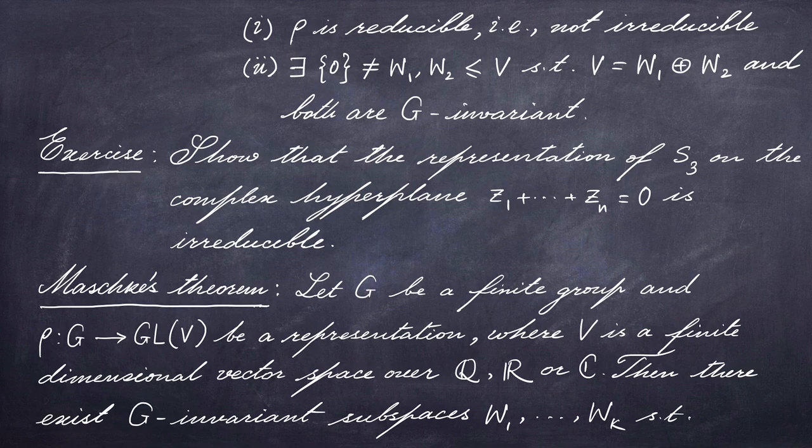Another equivalent way to say that is there exist two non-trivial G invariant subspaces W1 and W2 such that V can be decomposed into the direct sum of W1 and W2. You can immediately realize that this is the version of equivalence of reducibility for general group actions, which we have seen in the beginning of this lecture, in the setup of representations.